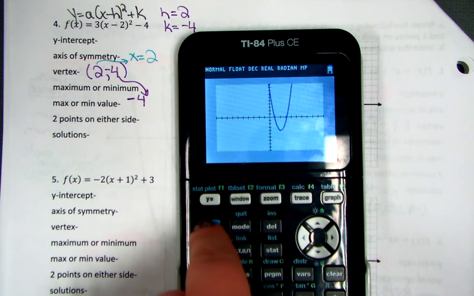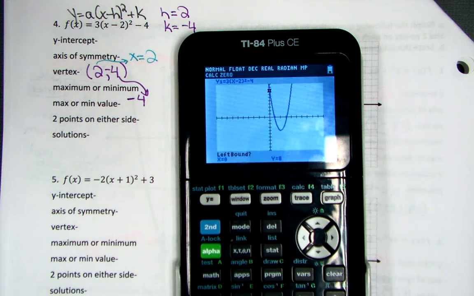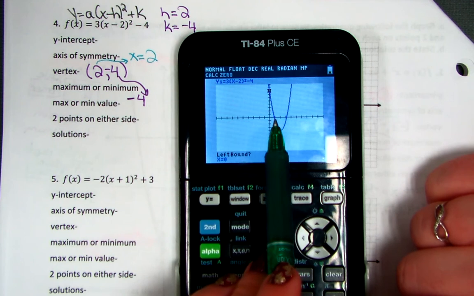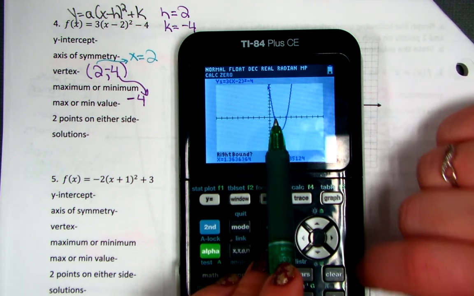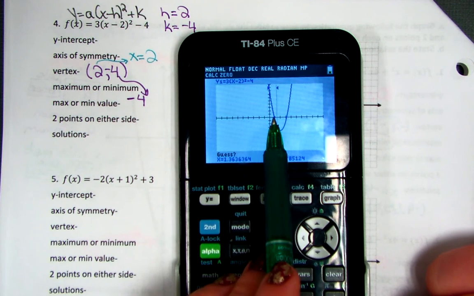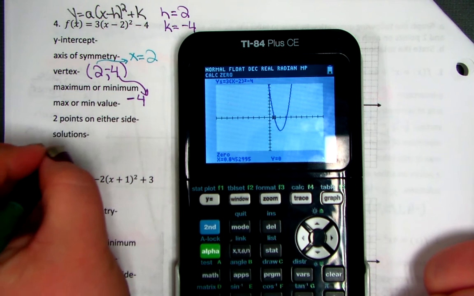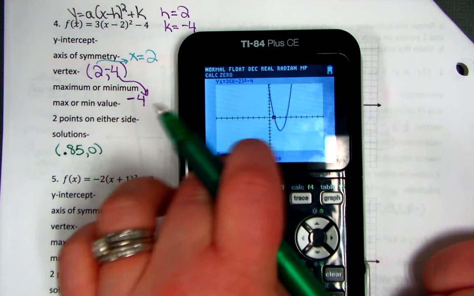So we'll go ahead and find our solutions by pressing second, calc option 2. The first one, we need to make sure that the cursor is on the left side of it, and it is. Then we'll move the cursor to the right side. The arrows are pointing at each other, and my 0 is at 0.85, comma 0.